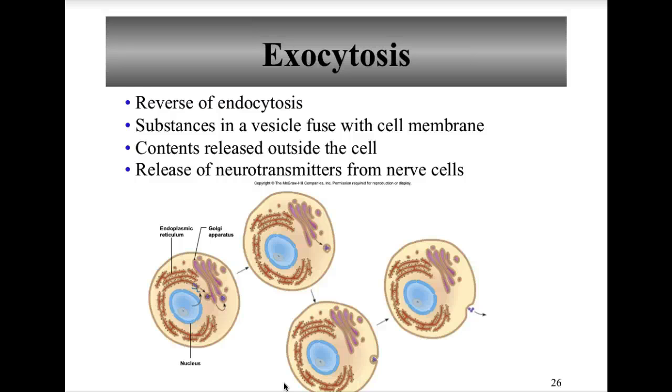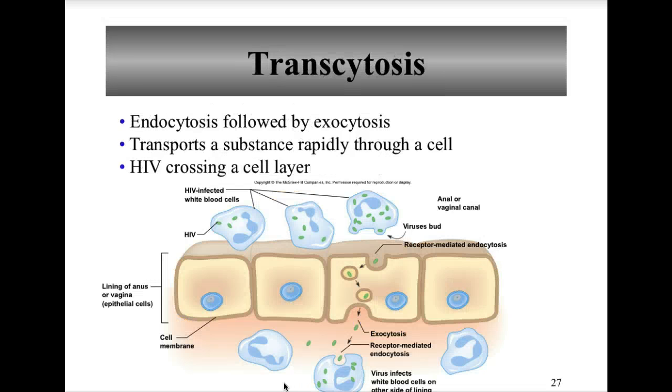Basically, as far as our studies in anatomy and physiology, it's going to be the releasing of a lot of neurotransmitters, again in the nervous system. We'll talk about that as you release those neurotransmitters across the synaptic cleft.